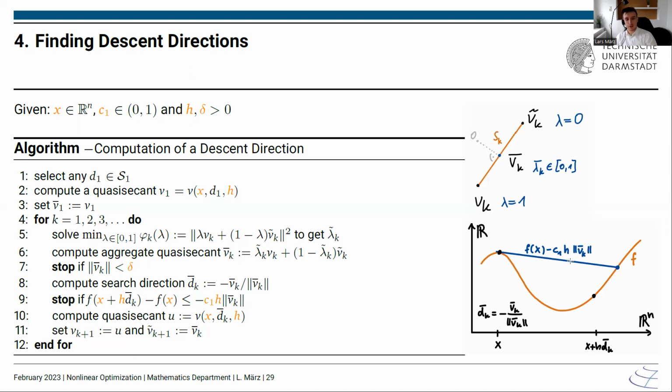And then we iterate, so we compute a quasi-secant at that point and update our vk to vk plus one and say that that gets assigned the quasi-secant, and the role of our vk tilde will be taken by the old aggregate quasi-secant.